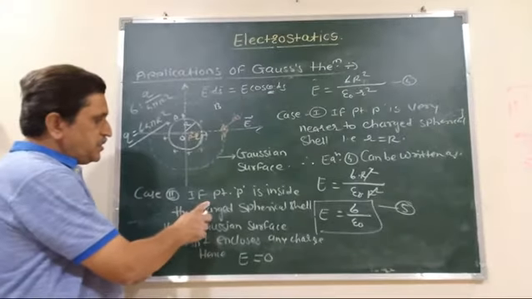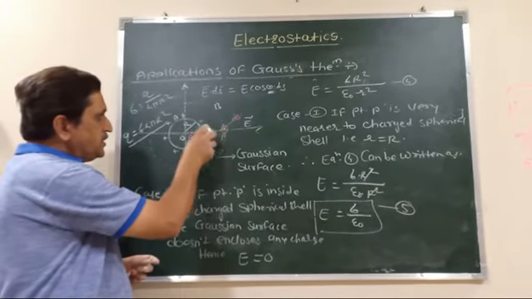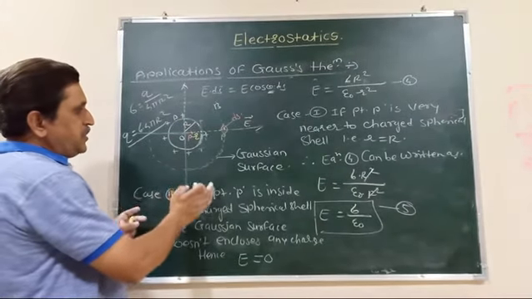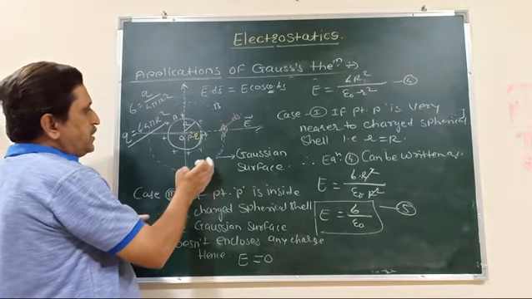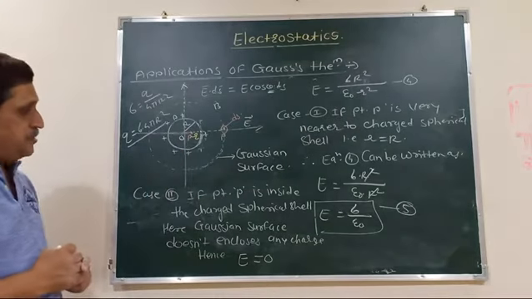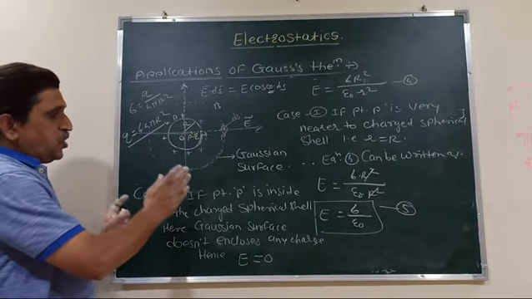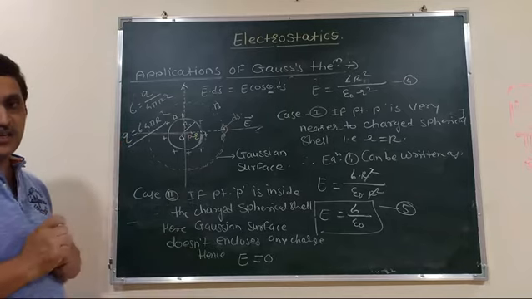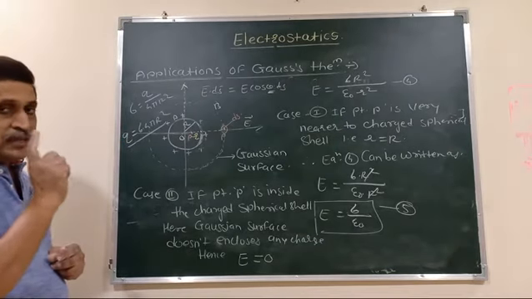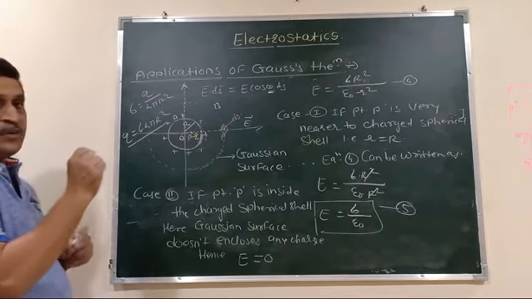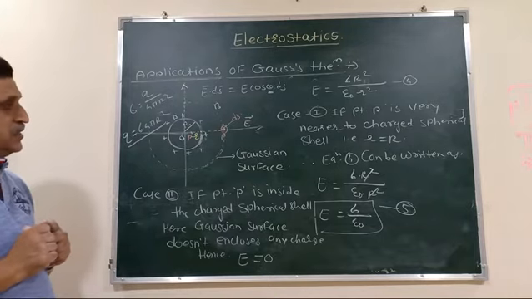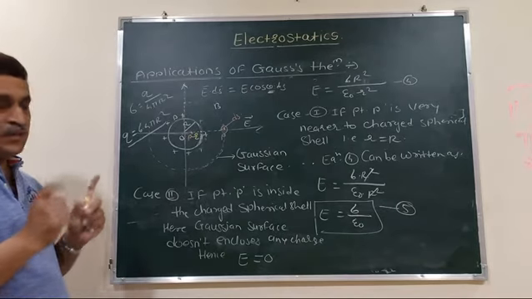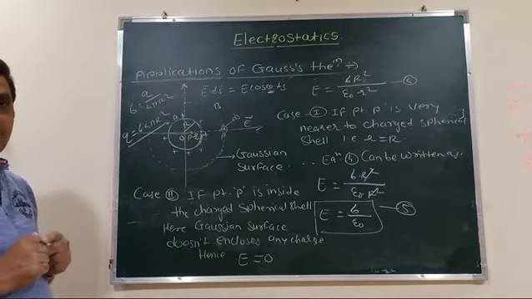Is it right? That means in the second case, if point P lies inside the charged spherical shell, then that Gaussian surface will be inside the charged spherical shell. That means that Gaussian sphere doesn't enclose any charge, and therefore by the concept of Gauss theorem, if a closed surface doesn't enclose any charge, then the total normal electric induction over that surface is equal to 0.